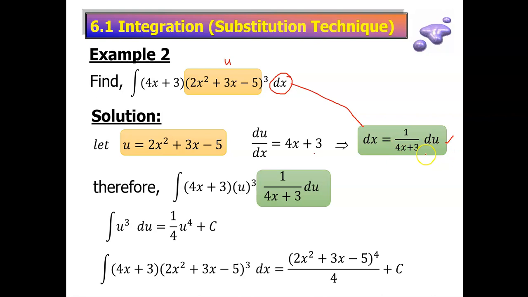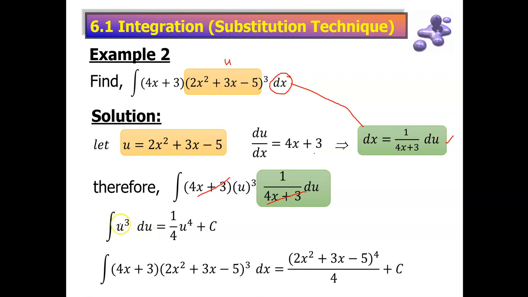So what we have over here is u cubed, and it's a bit messy, but don't worry. You see over here 4x plus 3, and this one also 4x plus 3. We can cancel it, and then the only thing left is u to the power of 3. U cubed times 1, you get u cubed. So now you only need to integrate u cubed du with respect to u.